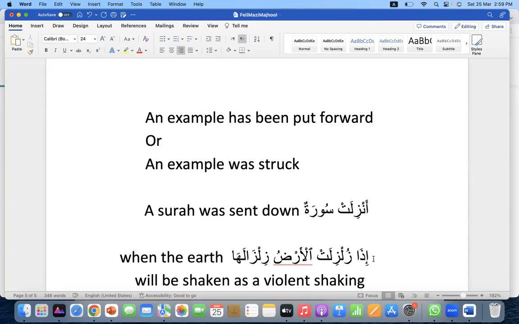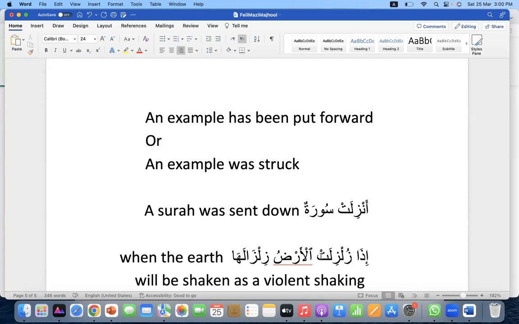I'm giving you certainty that this is going to happen. If I don't have any certainty, I will not use iza, I'll use something else, for example in. In also means if, or sometimes when. Iza is always used when things will happen surely.